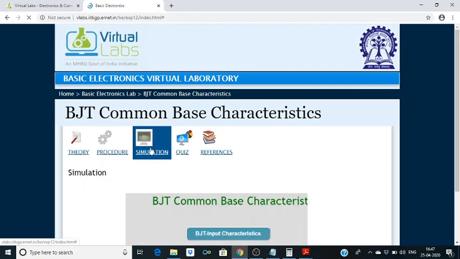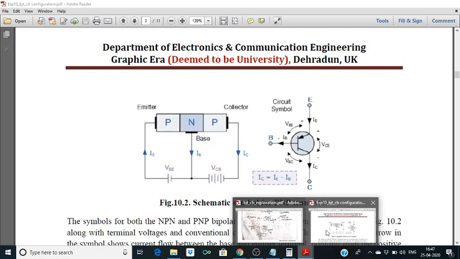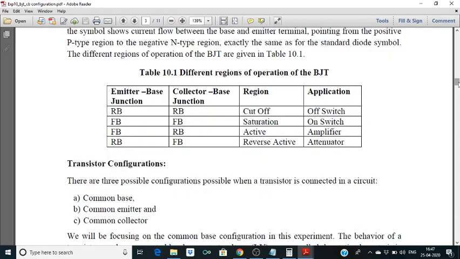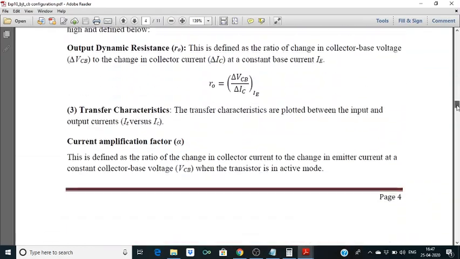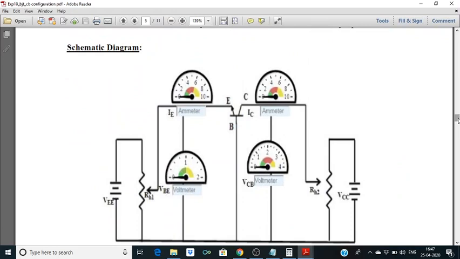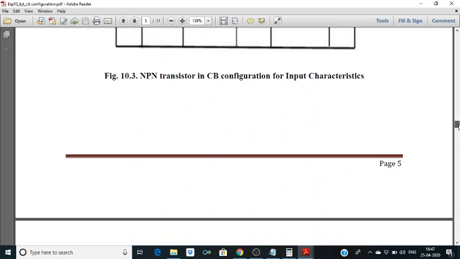Now we will go to simulation, and first of all we will simulate the BJT input characteristics, for which we will plot a graph between input current and input voltage. So this kind of schematic circuit diagram we will get.